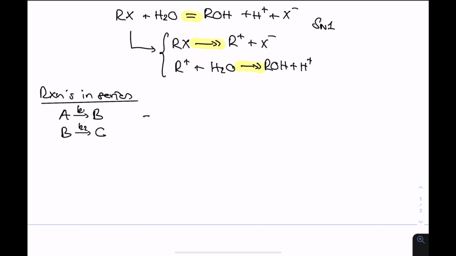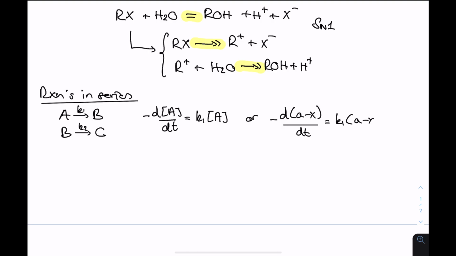I have disappearance of A versus time, which is k1 times the concentration of A, or in our other notation, dx/dt equals k1 (A minus x), where A is the initial concentration, and x is the concentration at a given time.